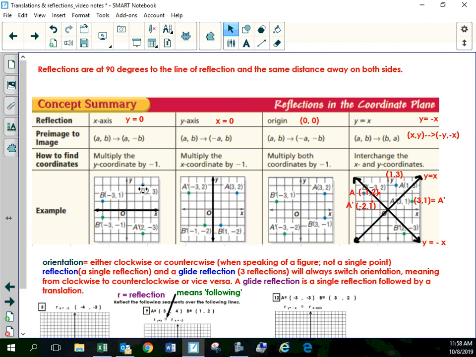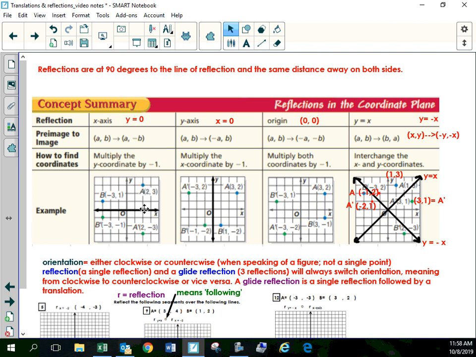Okay, so we have an example right here. Notice A right here is 2, 3. Notice there's no prime on that, so that tells me that's the pre-image. If I reflect 2, 3 over the x-axis, as it says up here, reflections are at 90 degrees to the line of reflection. So I can't come over here at this angle, that's not 90 degrees.